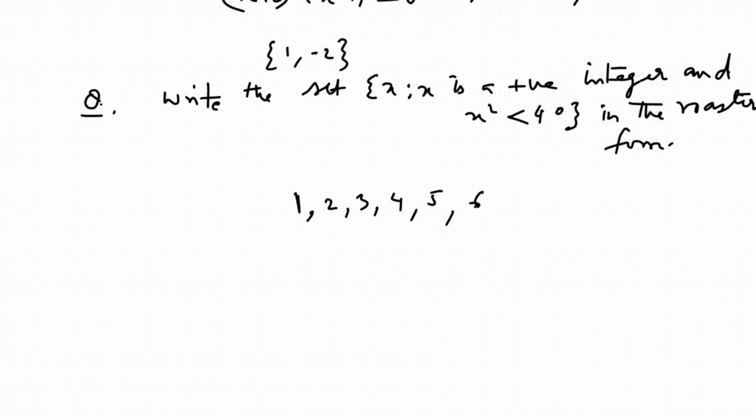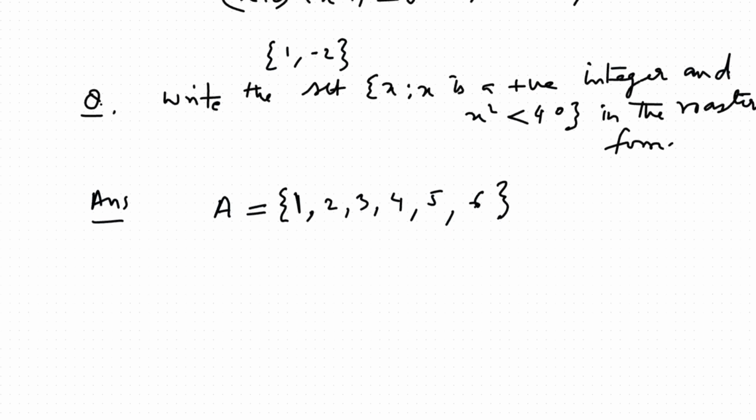If I take 7, the square of 7 would be 49, which is greater than 40. So we come to the conclusion that the given statement can be represented as some set A, which has 1, 2, 3, 4, 5, 6. These are all possible values of x whose square would be less than 40.